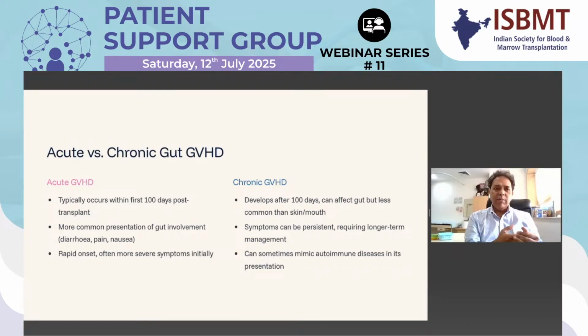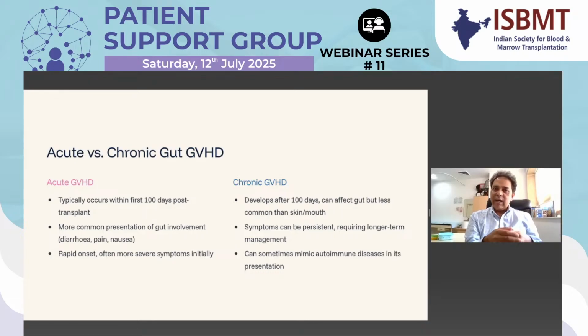As we talked about, there are two types of graft versus host disease. One is acute. Acute means that it happens very quickly after the transplant, and by definition within the first 3 months, or the first 100 days, of the transplant.